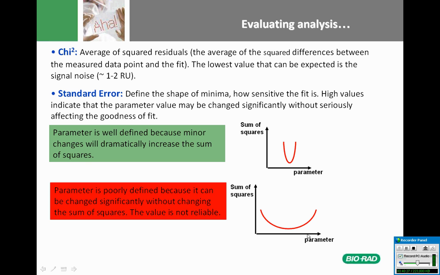Because you can change the parameter magnitude, let's say the Ka can be 1,000, 10,000, 100,000, and still the sum of squares does not change significantly, which means that you can never know the real magnitude. Is it 1,000, 10,000, or 100,000? So good data fitting will have a low standard error, which means that the parameter is robustly defined. And usually, as a rule of thumb, the standard error should have a magnitude of 10% of the parameter itself.